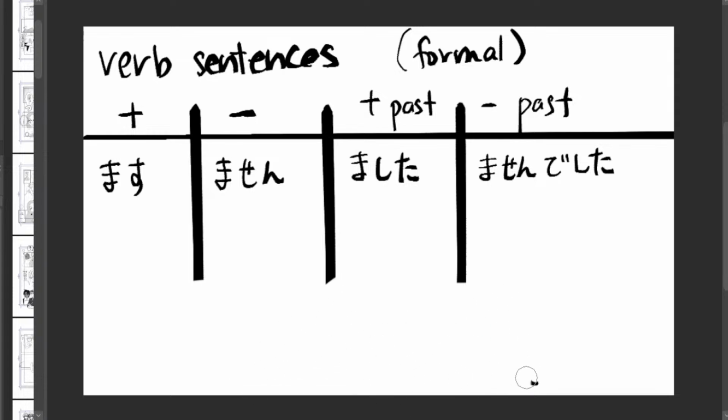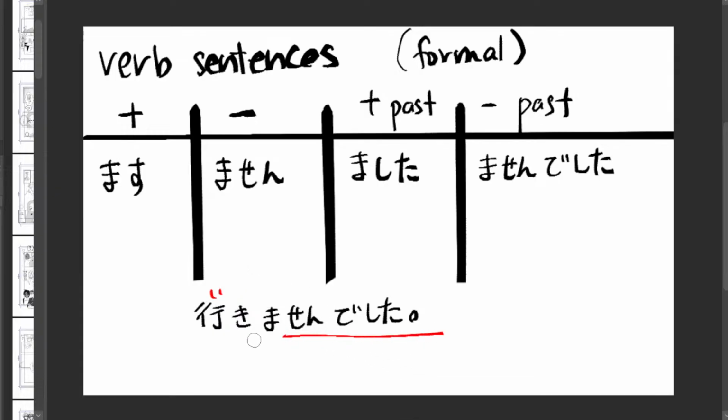If you want to say I didn't go, it'll be ikimasen deshita. Masen deshita. So this is how simple it is to change sentences from positive to negative, positive past tense, negative past tense, if it's in the formal way of speaking.